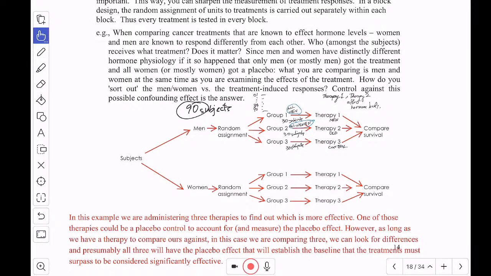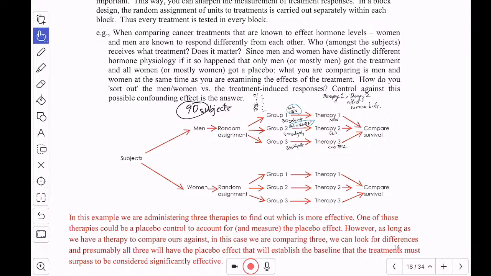Any questions? I've written what I've said around here, so you can read that after and watch the video again. So the important takeaway is that the blocks receive all treatments. In this way, I don't need to have more subjects involved in my study.